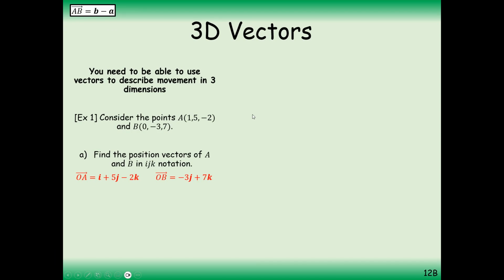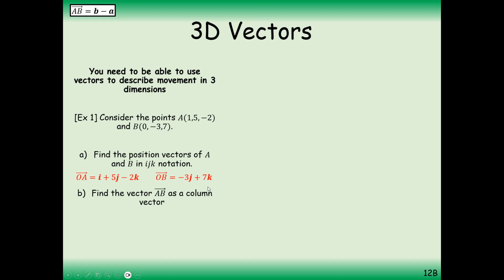We'll have 1, 5, and -2 as coefficients of i, j, and k. Position vectors you can just write on a single line, without any brackets, as long as you put i, j, and k in the right places. For B, we had 0i, therefore we don't need to write it.